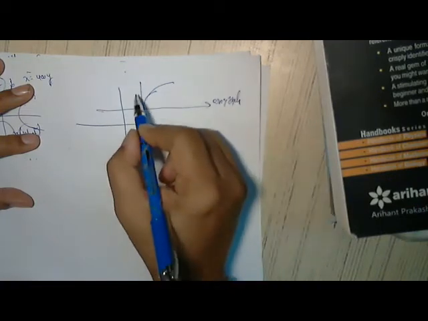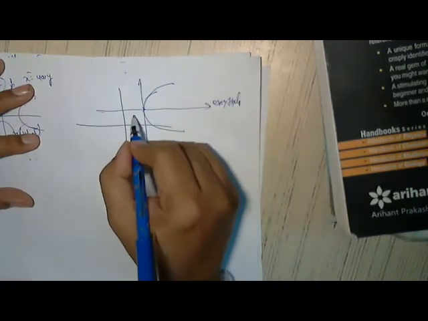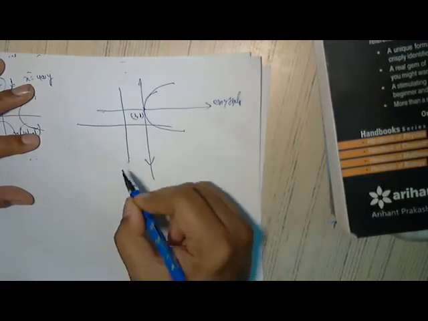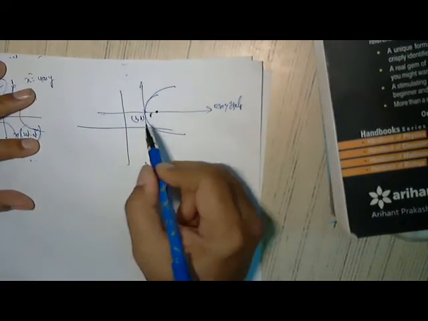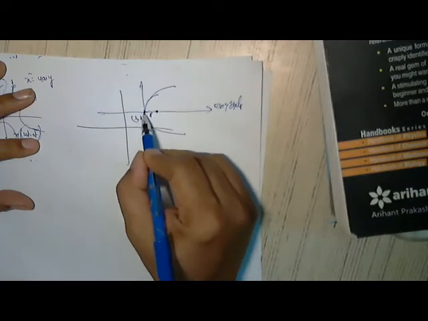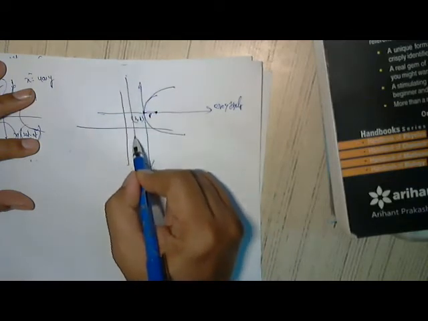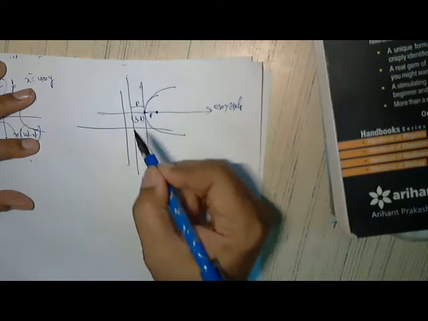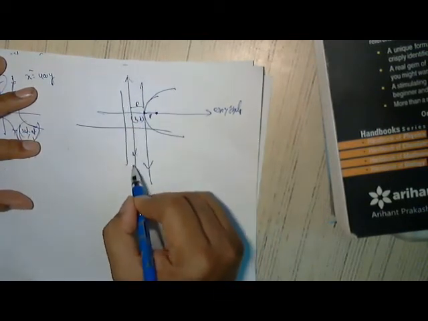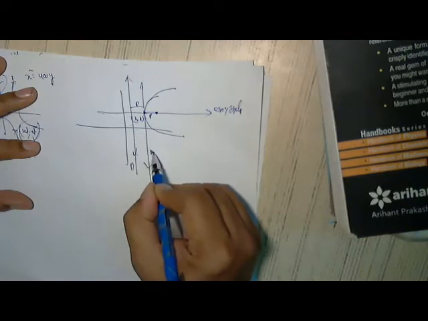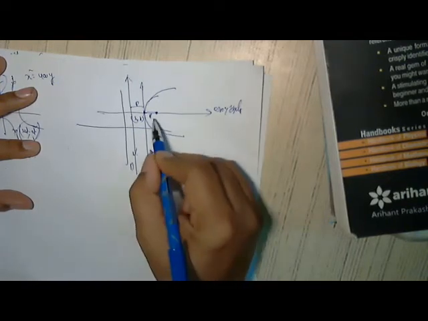So this point is HK. Then this is the focus, at a distance of say P. That means the distance from this point to the focus and from this point to the directrix should be the same. So this is a distance of P. This is the directrix, this is the axis, this is the vertex.